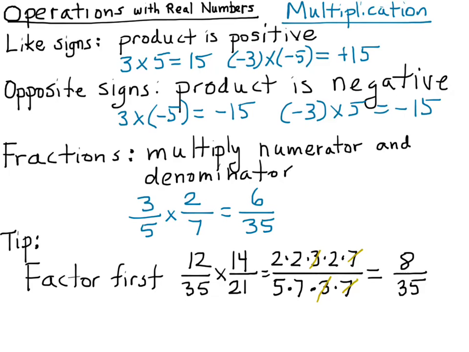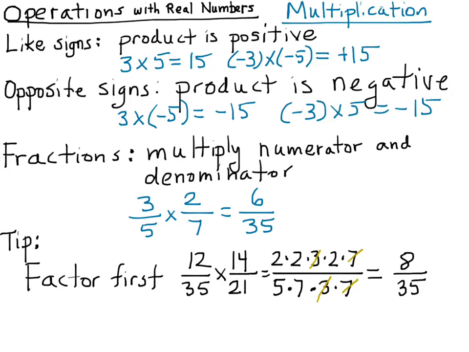And then what you have left over is 2 times 2 times 2, which is easy to do. It's much easier than 12 times 14. In the denominator, you have 5 times 7, which is a lot easier to do than 35 times 21. And so you get 8/35 as your answer.